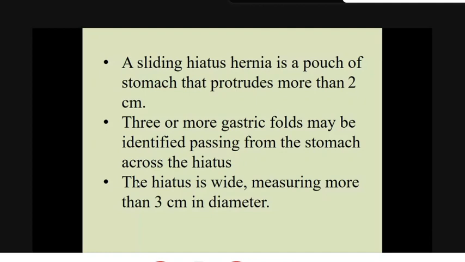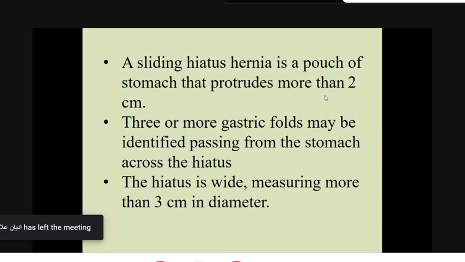What are the signs of sliding hiatus hernia? It is defined as a bulge of stomach that protrudes more than 2 cm above the diaphragm. Normally, less than 2 cm of the stomach can be seen above the diaphragm due to good functioning of the ligament called the phrenoesophageal ligament.